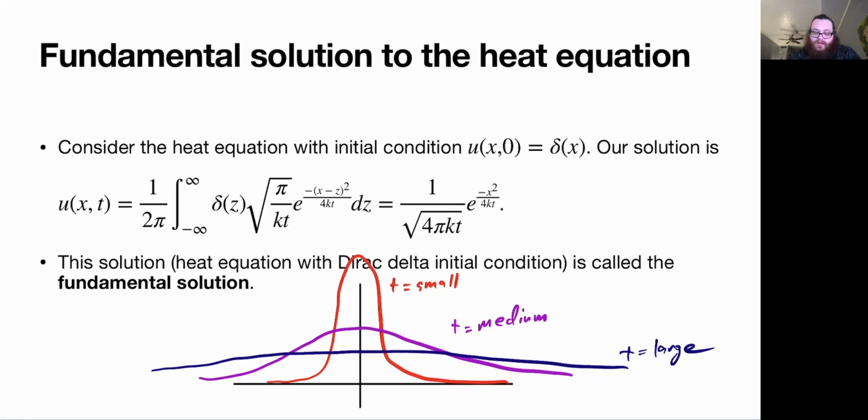So if you want to solve the heat equation with any other initial condition, essentially you can solve it for this initial condition and then take a convolution with whatever you care about. But we'll talk about that in a bit.